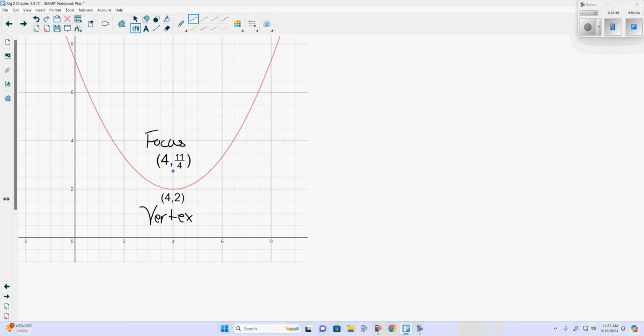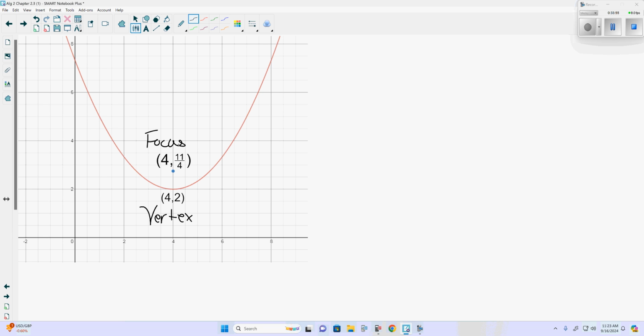(4, 2) is our vertex. (4, 11/4) is our focus. Would this equation be x equals or y equals? Y equals. We can say that for two reasons. One, we can see the graph opens up.